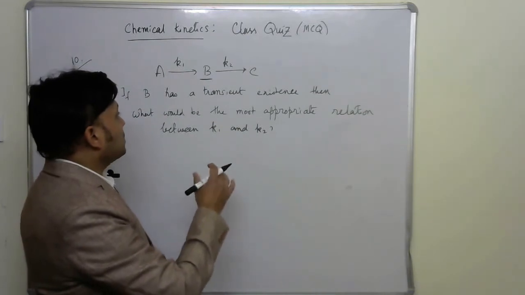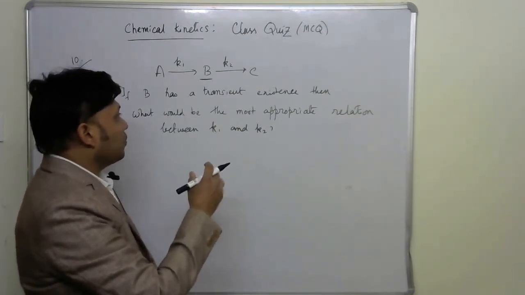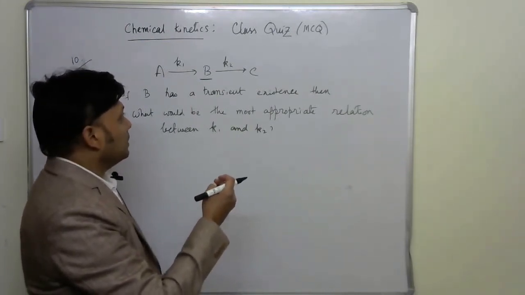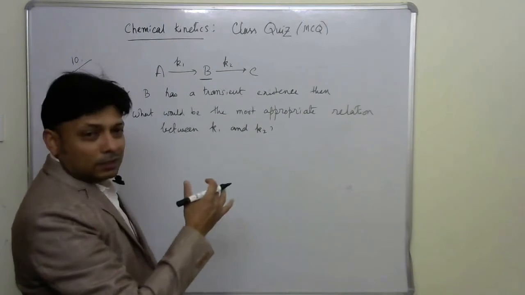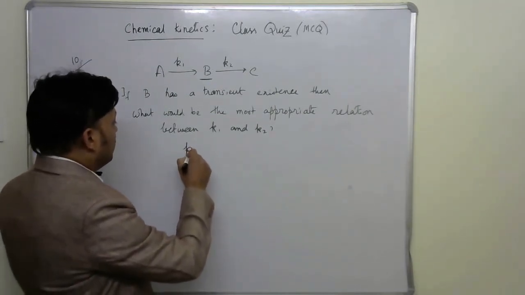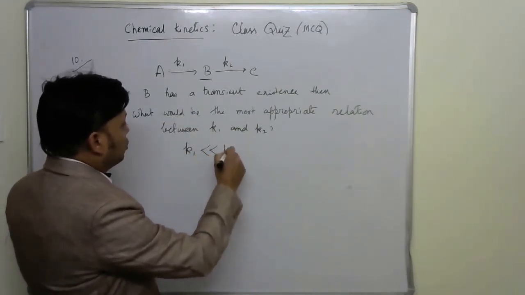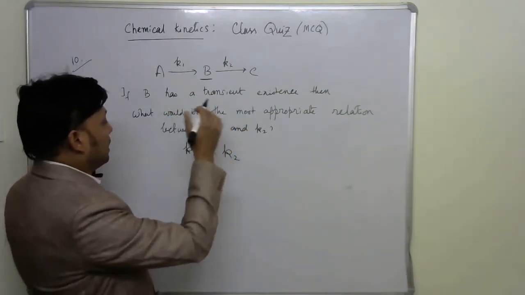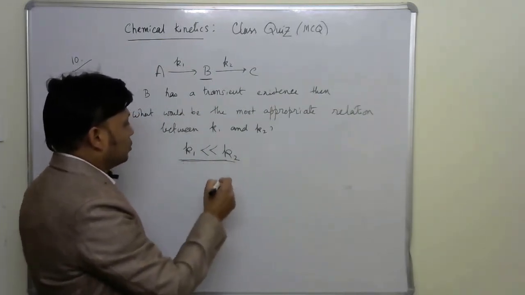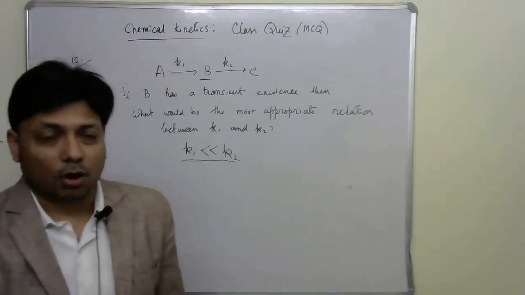So it appears like B has not formed at all, and if it is formed, it does not have an influence in the reaction. This is only possible where the first rate constant is negligibly small with respect to the second rate constant. So that is the answer choice among the 4 given options.